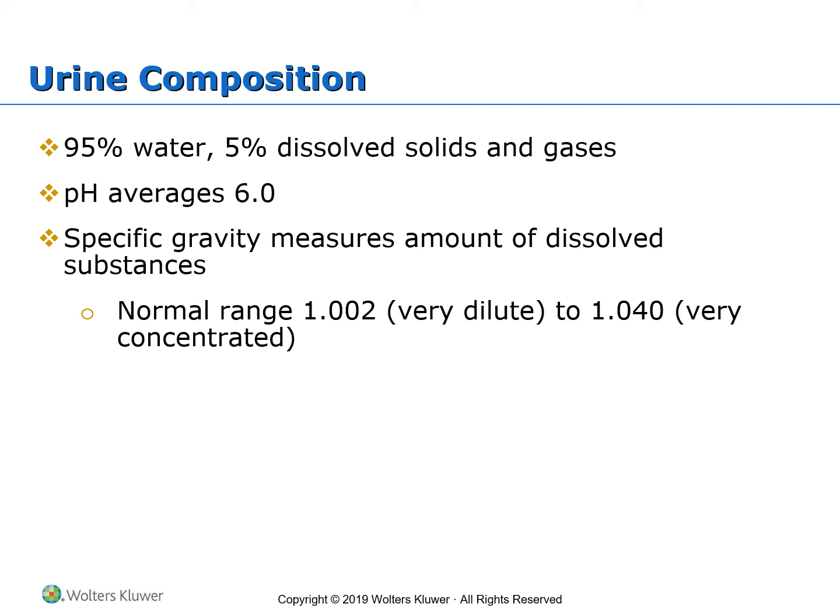When we measure the pH in a freshly collected sample, a normal sample will have a pH of 6. However, a lot of elements can contribute to a change in the urine pH, and the range can be between 4.5 and up to 8.